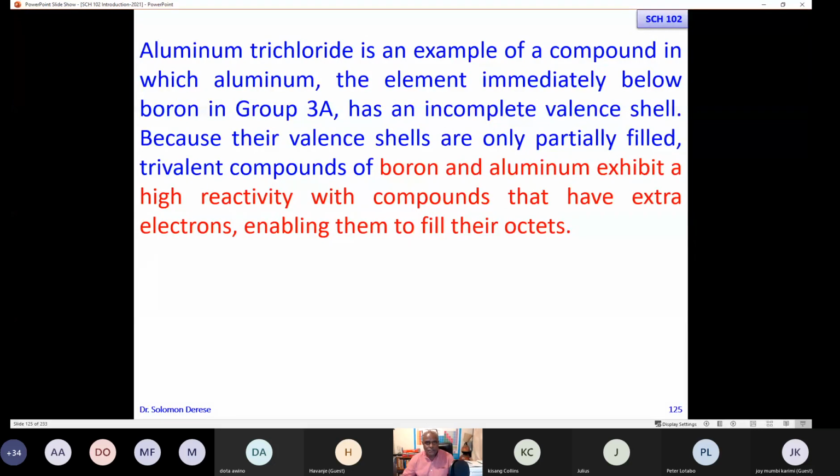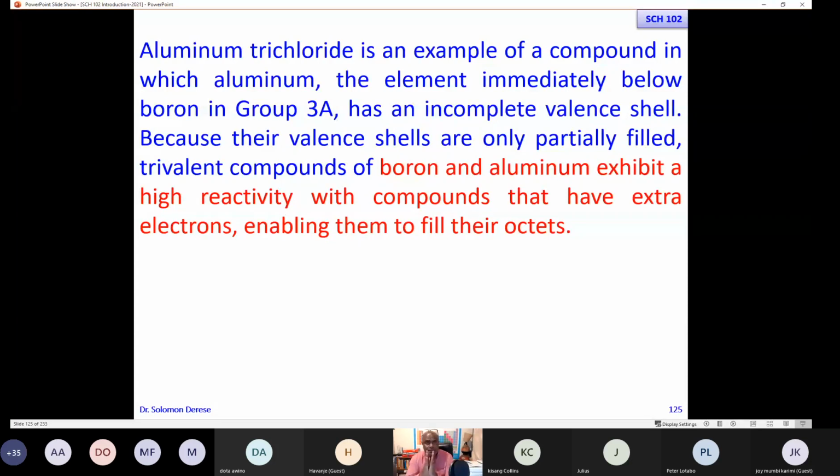Since its shell is only partially filled, it will undergo a chemical reaction with other elements that have electrons to donate to it. As a result, it is very, very highly reactive.